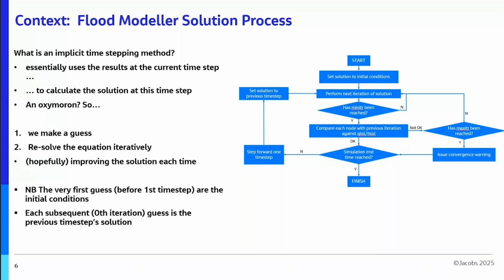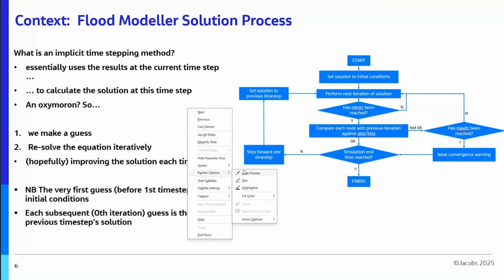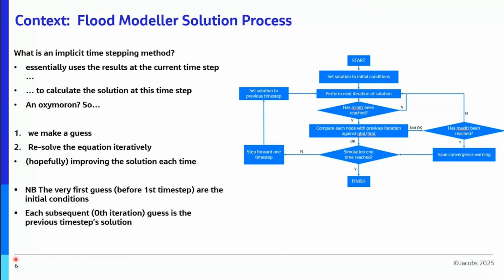That sounds like an oxymoron, but in reality, as depicted on the flow chart to the right, to reach a numerical solution, for a given time step, you need first to make a guess, and solve the equation we are talking about.